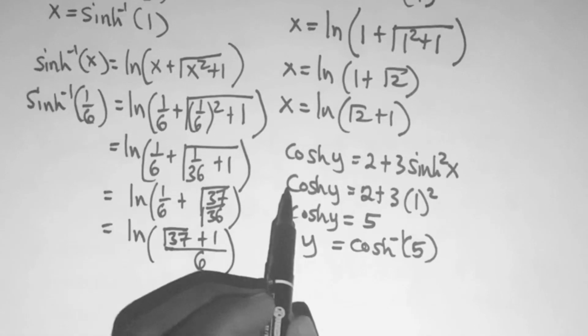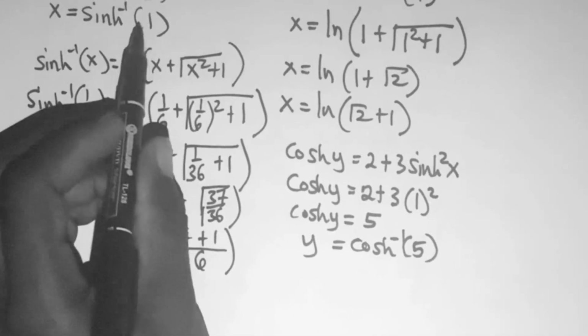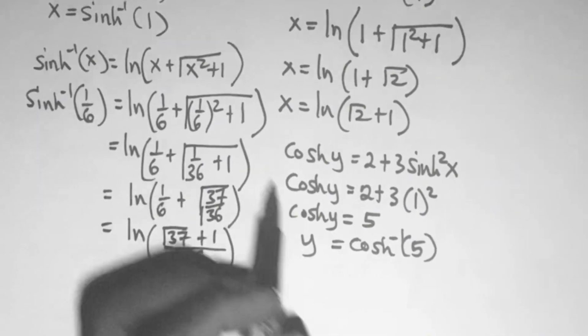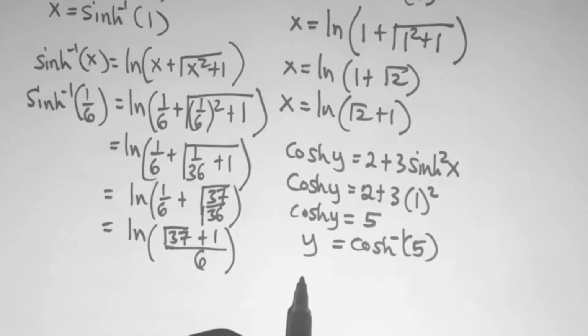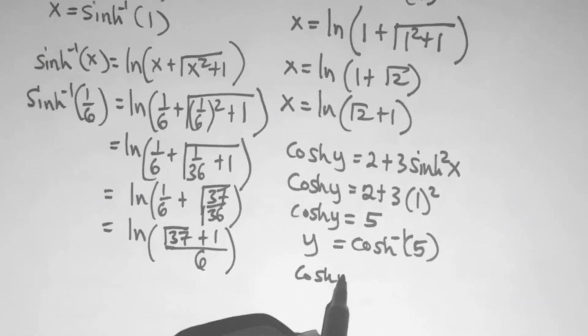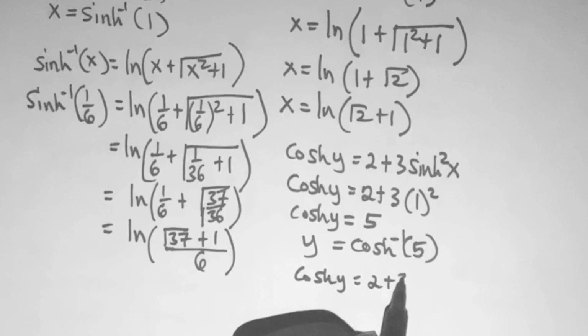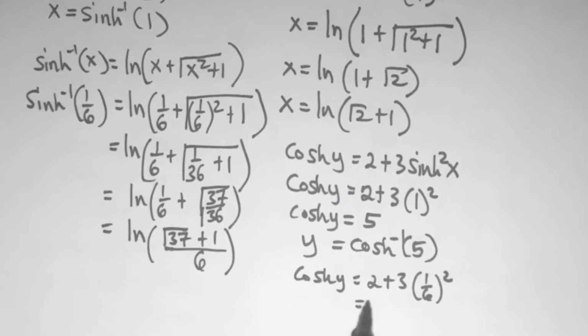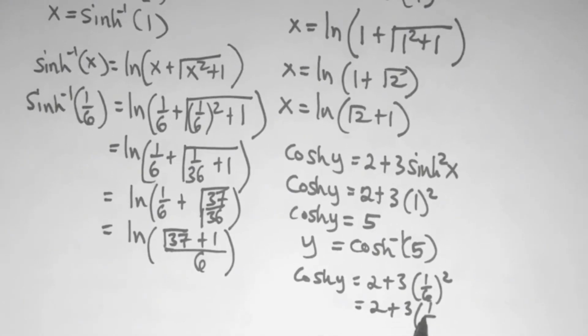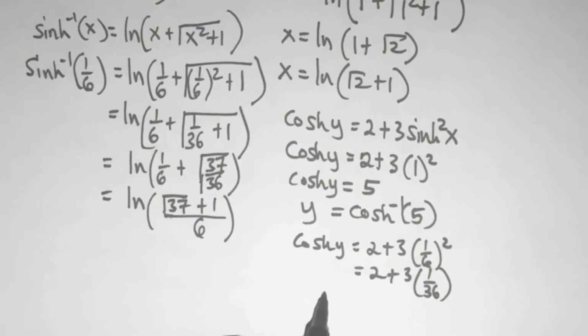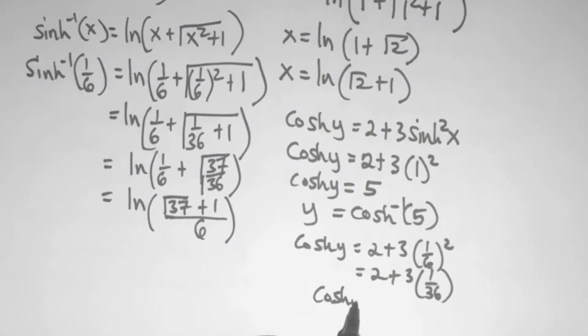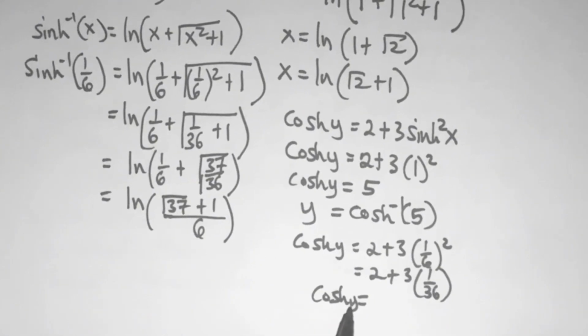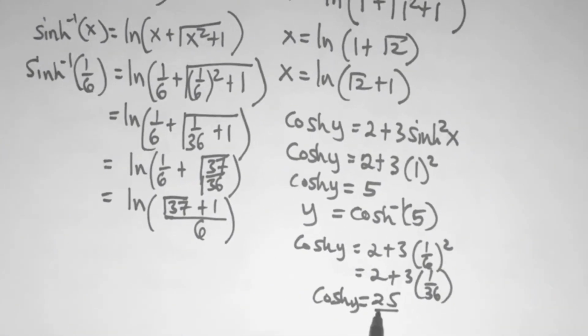And then the other value of x is 1 over 6. So here too, cosh y is equal to 2 plus 3 times 1 over 6 squared. And that is equal to 2 plus 3 times 1 over 36. And therefore cosh y is equal to 25 over 12.